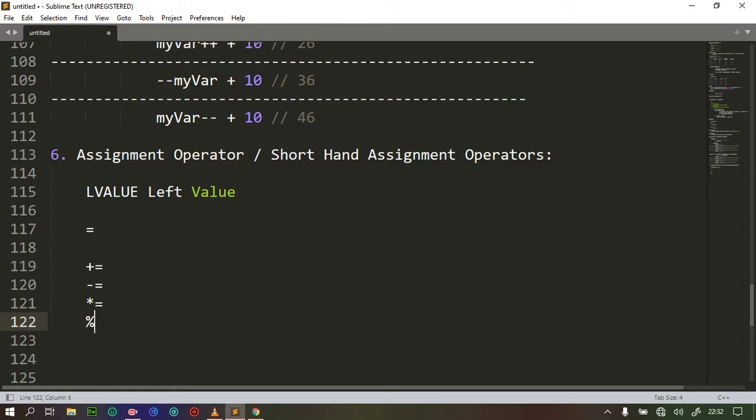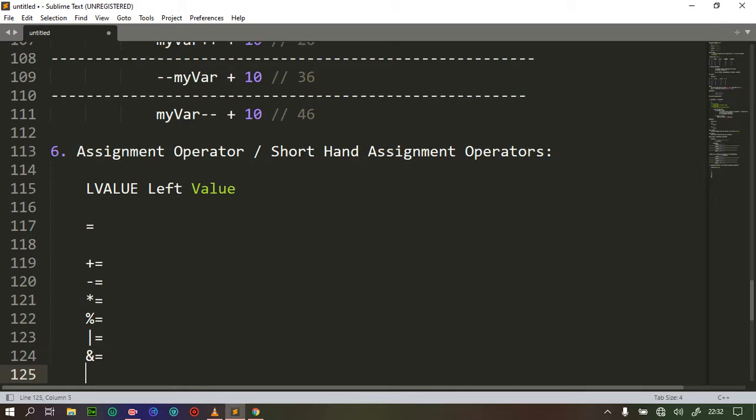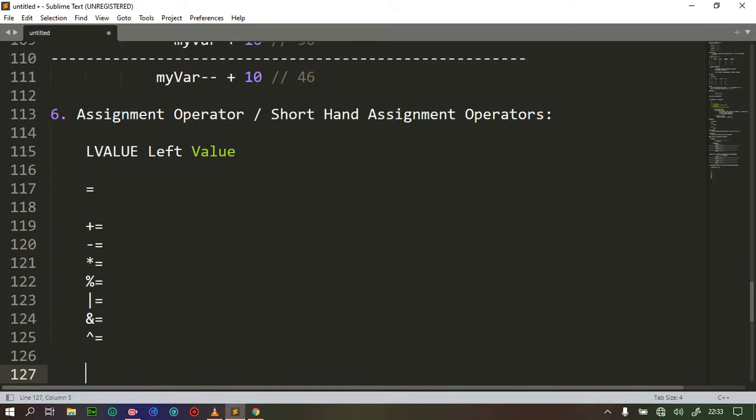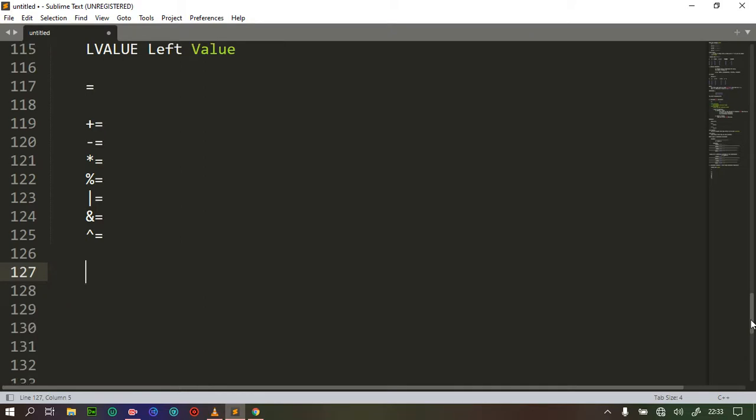I have a modulus, it moves with that. What else can we have? I have a bitwise OR, it can move with that. I can have a bitwise AND, it can move with that. Then I have an exclusive OR, it can move with the assignment operator, and so much more. So those are called shorthand assignment operators. Are we together, guys?